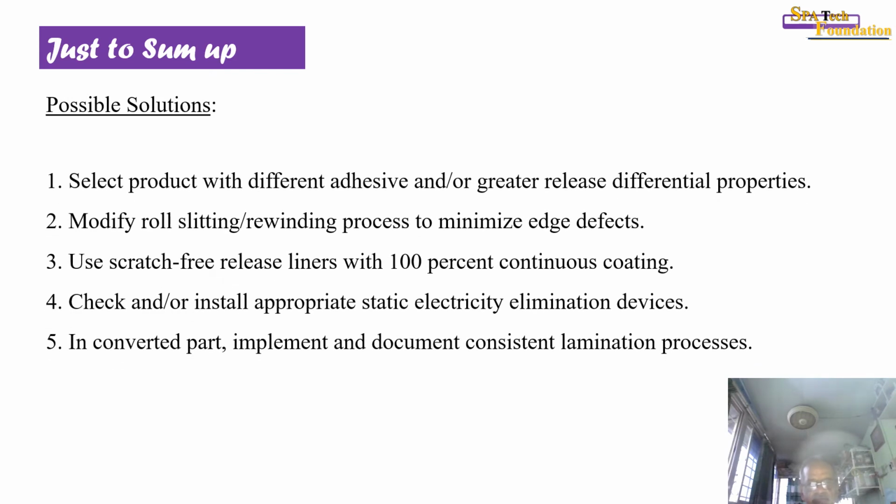Possible solutions: select product with different adhesive, modify roll slitting rewinding process to minimize edge defects, clean the slitting blades prior to starting the machine, use scratch-free release liners or see that the release coating is even, check and install appropriate static electricity elimination devices. In converted part, implement and document consistent lamination processes.